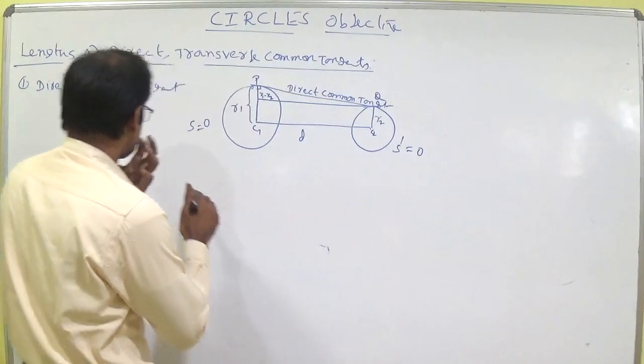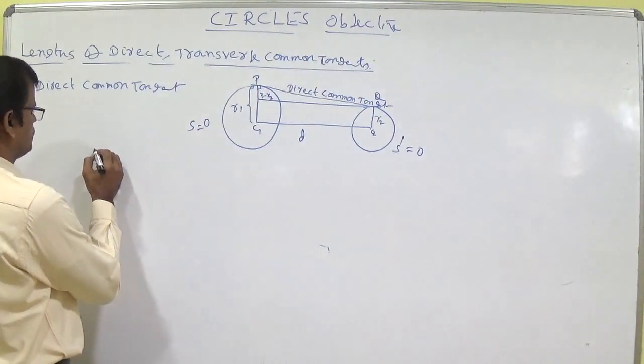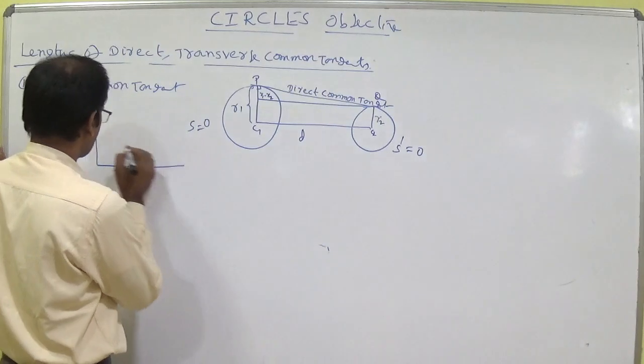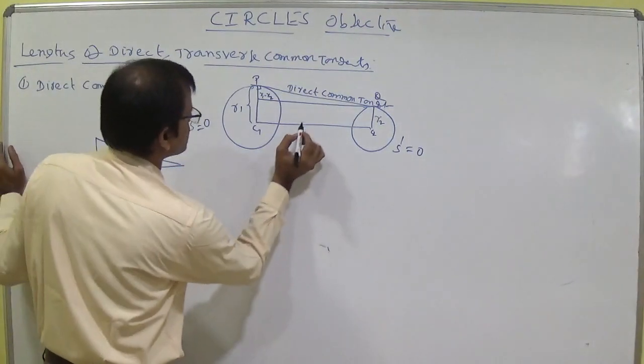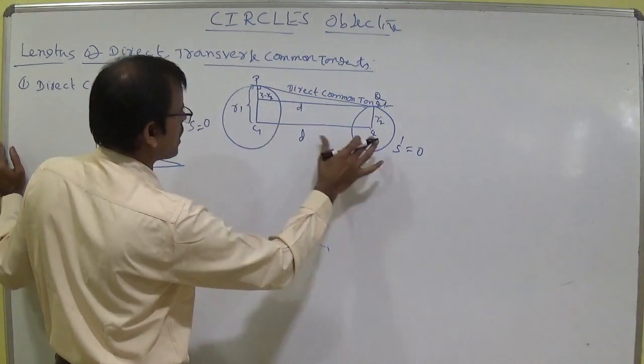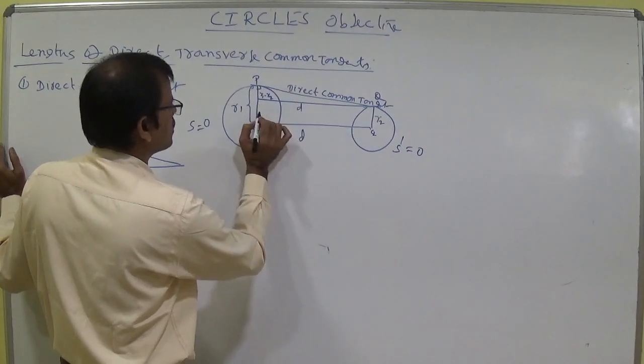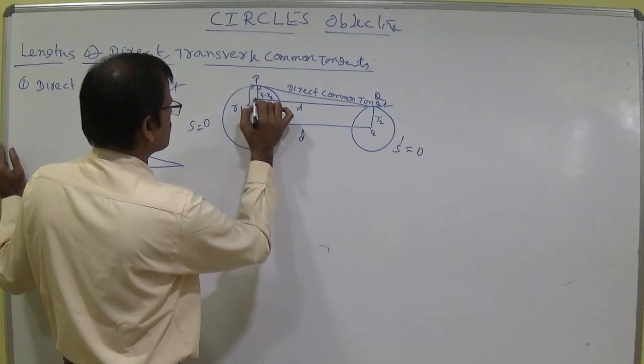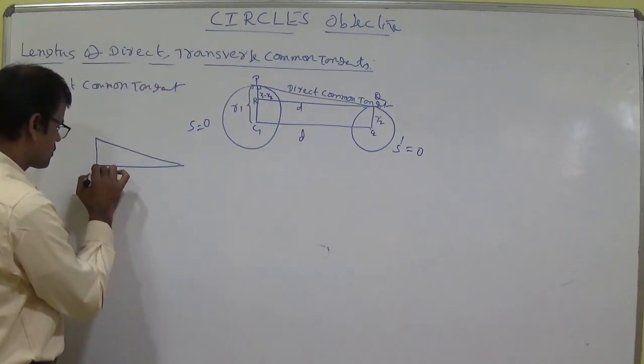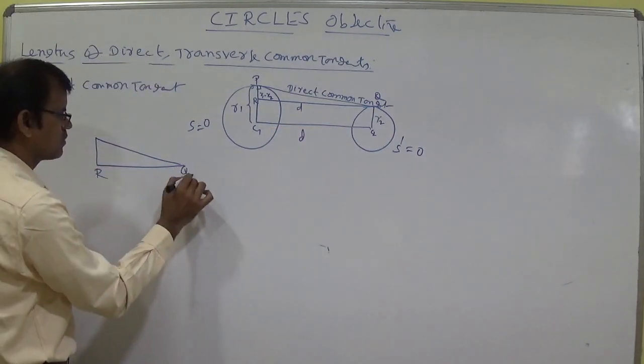Now, let us draw this one once again. Students, this is nothing but D, because I have drawn it parallel. Put here R, so this is RQ.